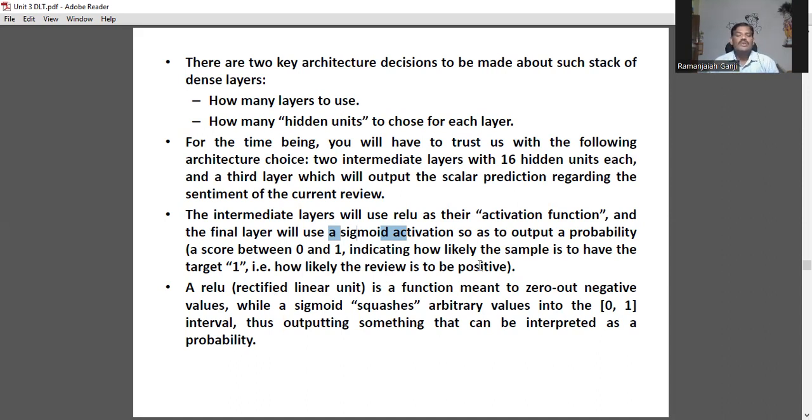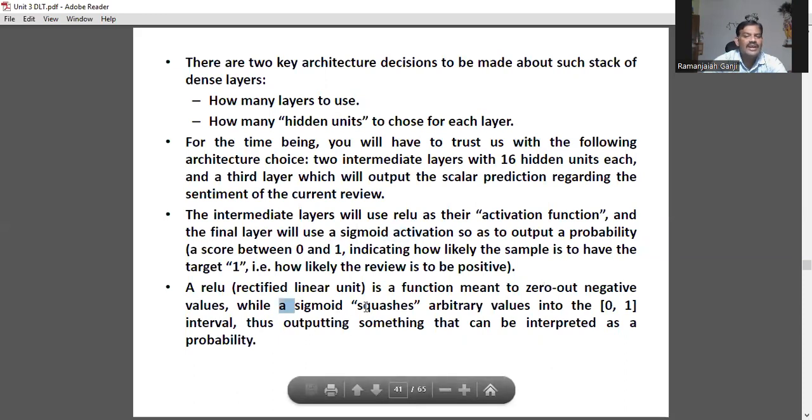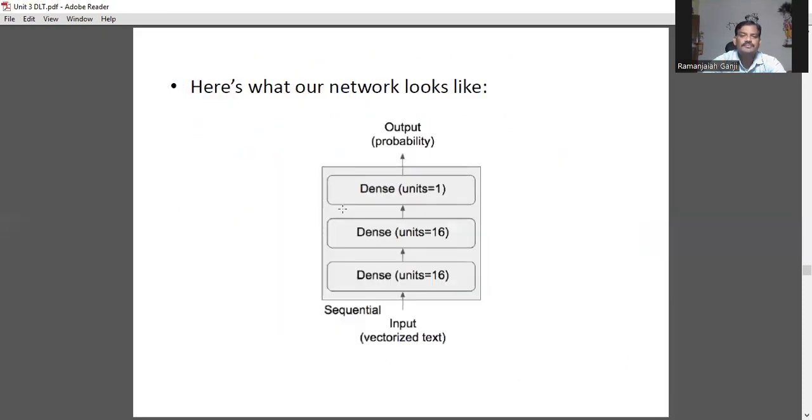I told you 1 is for positive, 0 is for negative. A rectified linear unit, or ReLU, is a function meant to zero out negative values, while a sigmoid squashes arbitrary values into the 0 to 1 interval, thus outputting something that can be understood as a probability.